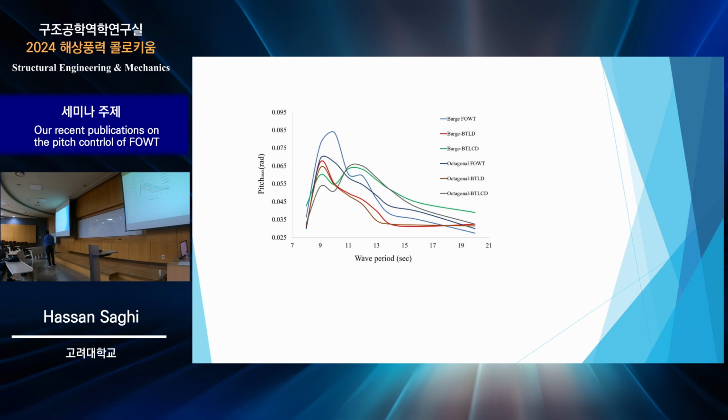For example, for this wave period, this one, the integrated octagonal and BTLCD, is the optimum system or model. Or for other wave periods, you can select the optimal case or system.